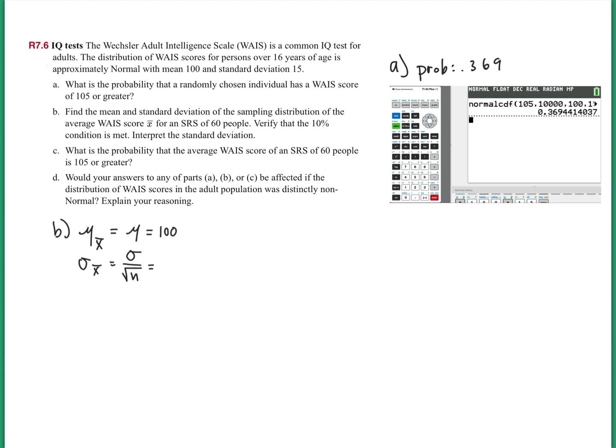So that's 15 divided by the square root of 60, and that ends up being 1.9365.